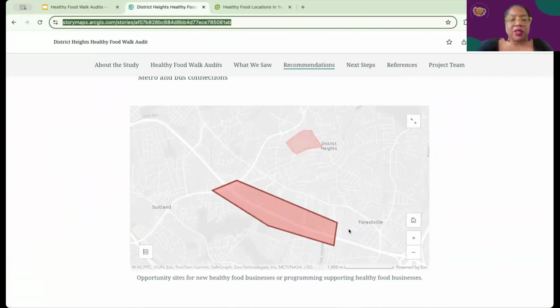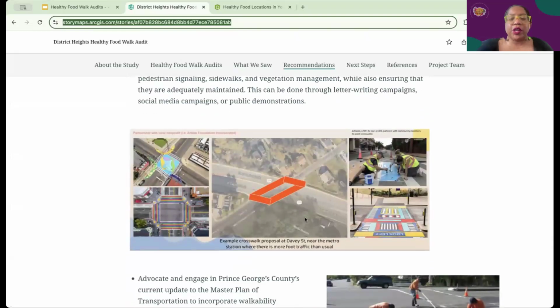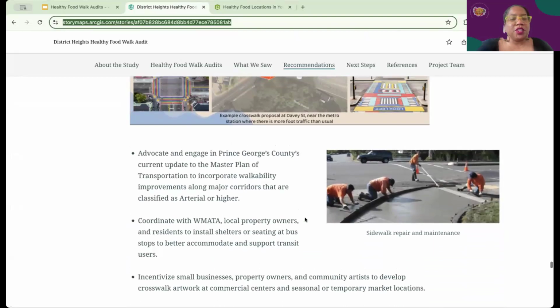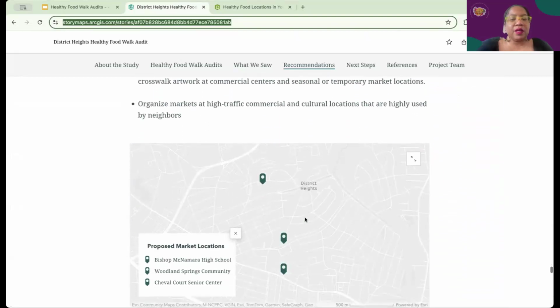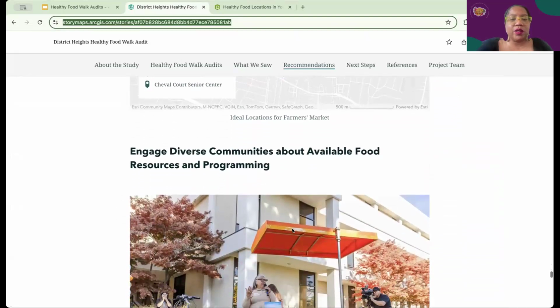So then just again, to walk through some of the recommendations that we made, right? So these are opportunities for maybe creating healthy food districts or finding ways to use local funds combined with state and federal incentives to activate more healthy food opportunities through businesses, innovative and creative ways to slow down traffic or to make crosswalks more prominent and prevalent, just overall maintaining them, as well as mapping different pop-up farmers market locations near senior centers or active community spaces as well.